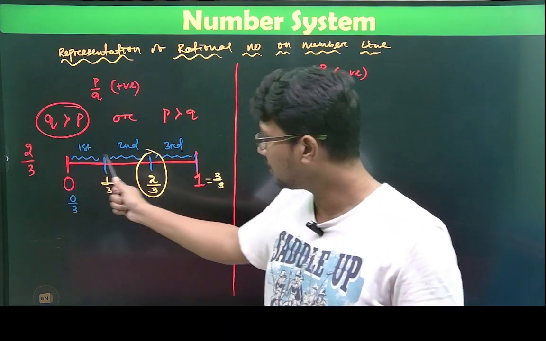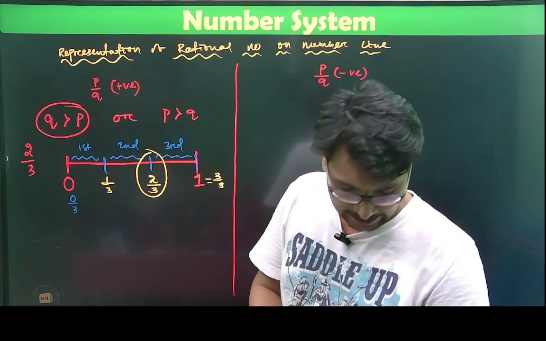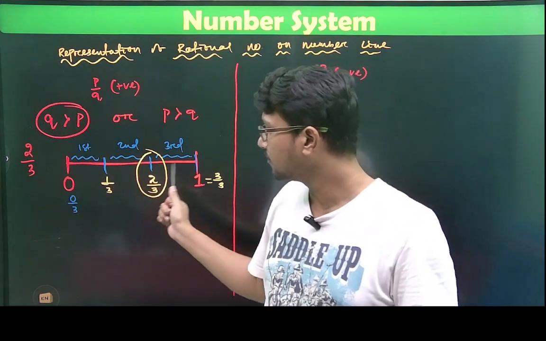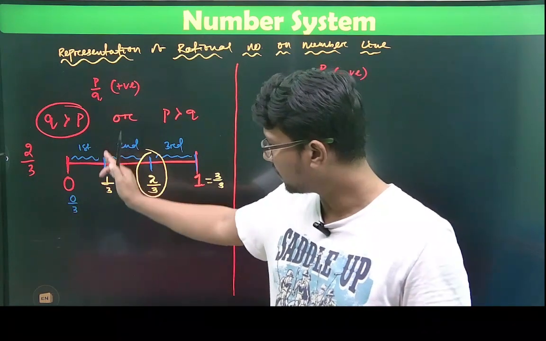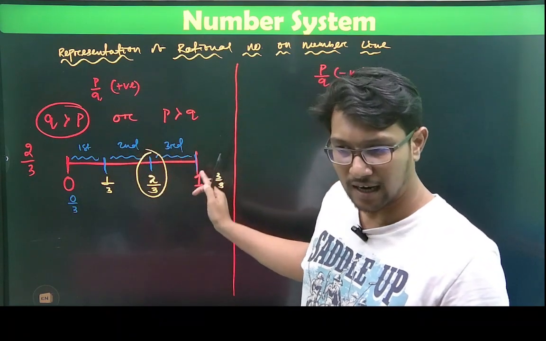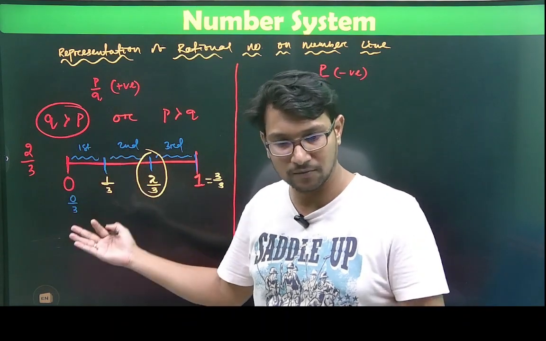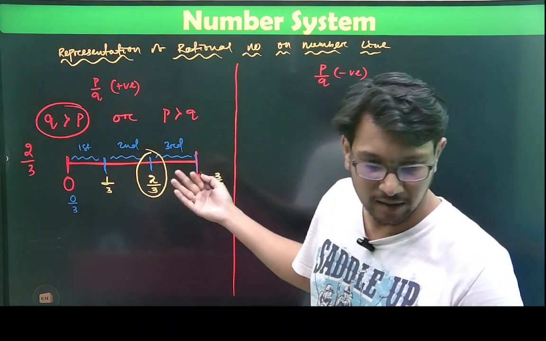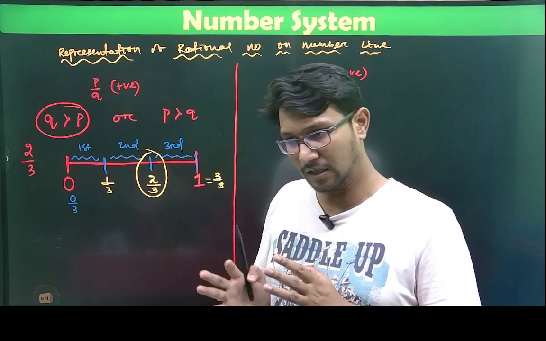According to the denominator, you have to divide. It is 3 parts, so divided into 3 parts. First part, second part, third part. This is 0 out of 3, this is 1 out of 3, second means 2 out of 3, third means 3 out of 3. Clear?